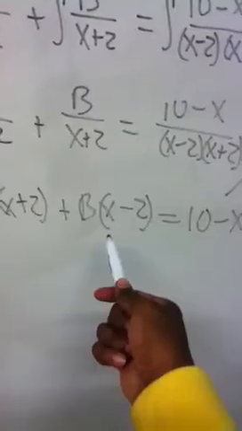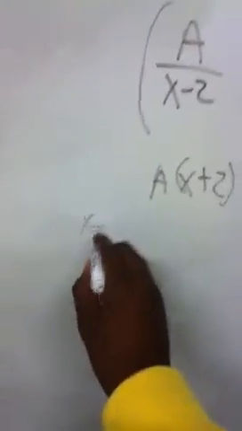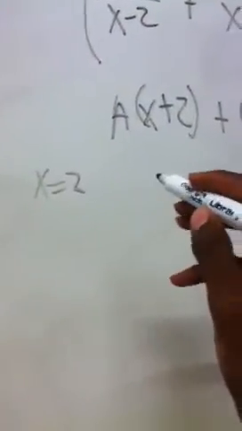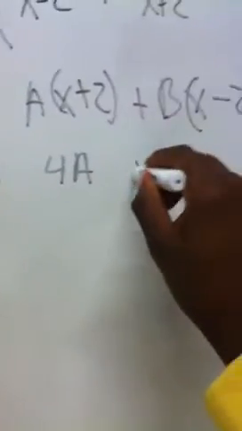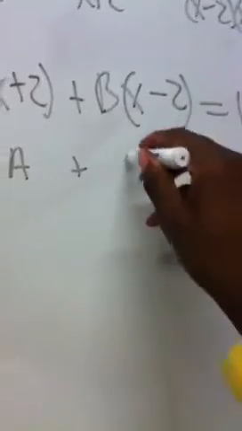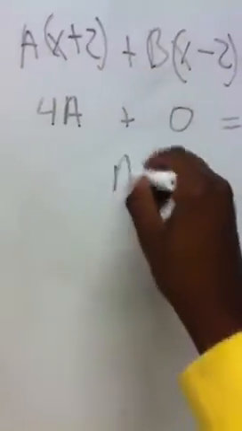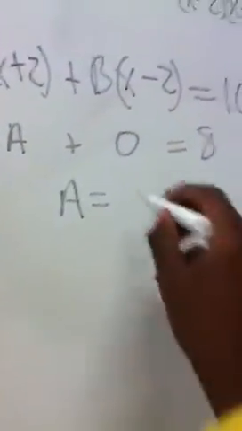When you set x equal to 2, this will automatically become 0. If you plug in 2 for all your x's, you're going to get 4A plus 0, because 2 minus 2 equals 0, equals 10 minus 2, which is 8. If you solve for that, your A comes out to equal 2.